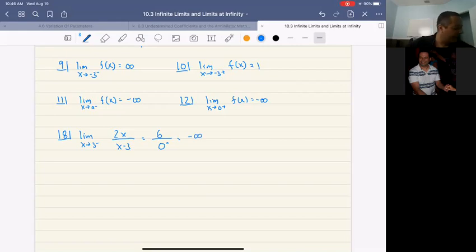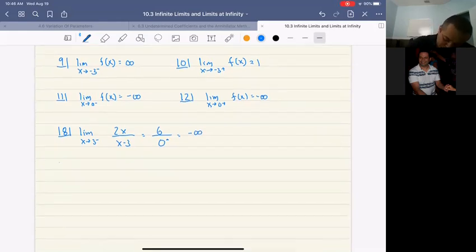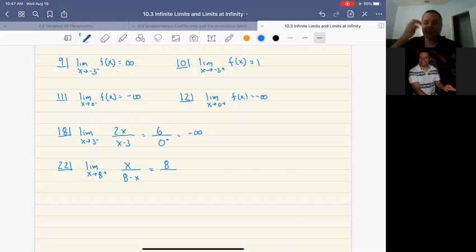Okay, let's try another one. Let's try 22. Limit as x approaches 8 from the right of x over 8 minus x. This one's a little bit trickier because of the 8 minus x. So let's just think about this for a second. 8 in the numerator is fine. Now, in the denominator, 8 from the right.